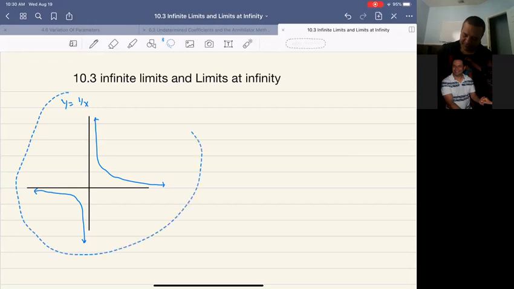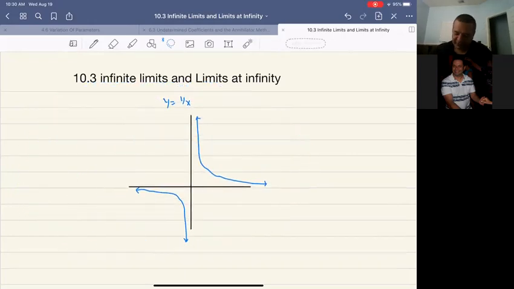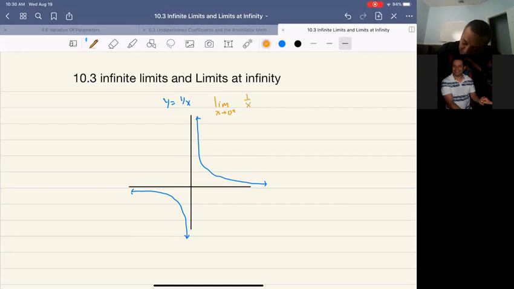Let me put this in the center of the page. First off, up here, we have the limit as x approaches 0 from the right of 1 over x equals infinity.